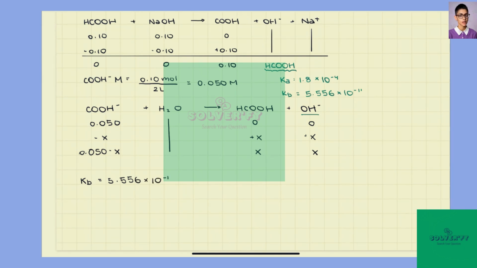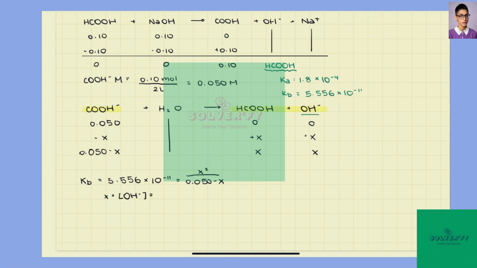Our Kb is equivalent to x squared over 0.050 minus x, as indicated in the equation, where we have the products over our reactants. As we put this equation in our calculator, we will solve for our x.